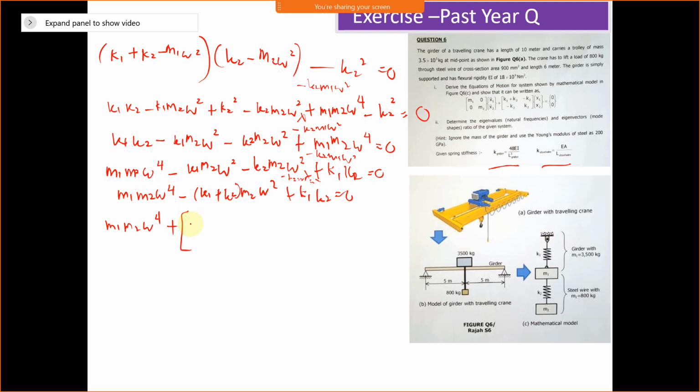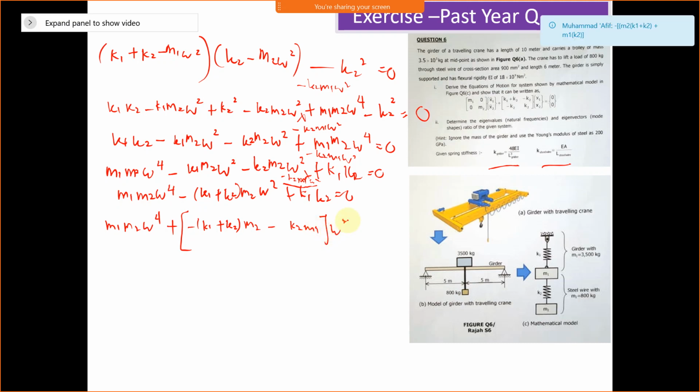Plus negatif K1 plus K2. Yang ni K2 M1, K2 M1. Jadi akan jadi macam mana ni? M2 minus K2 M1 omega square. Betul? Macam tu? Okay. Minus K2 M1 omega square and then plus K1 K2 equals to 0.